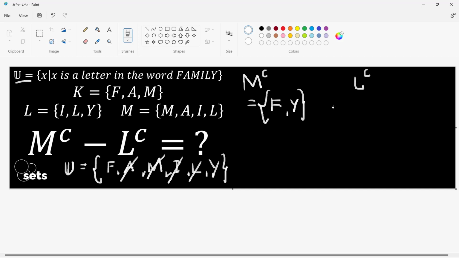As for the complement of L, we are still going to use the same universal set.